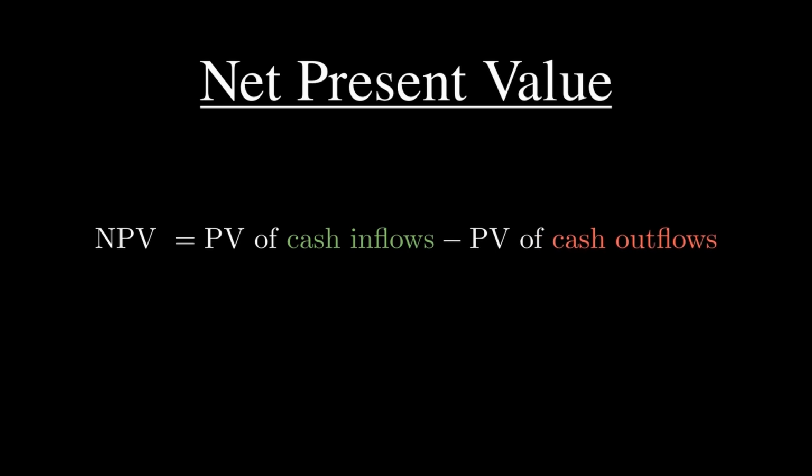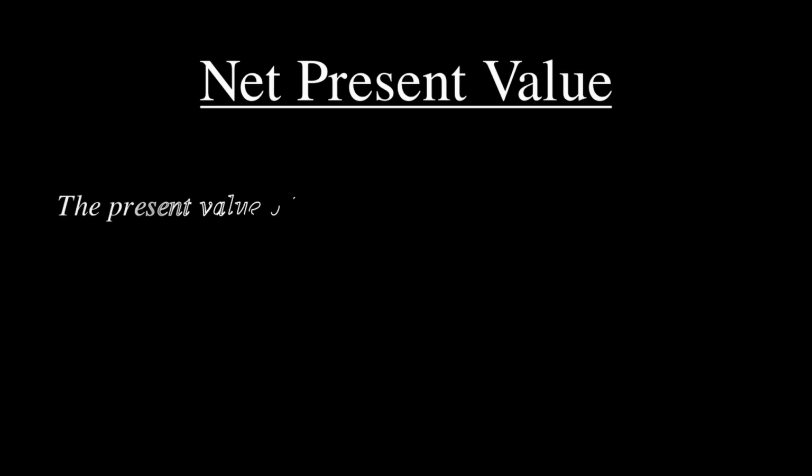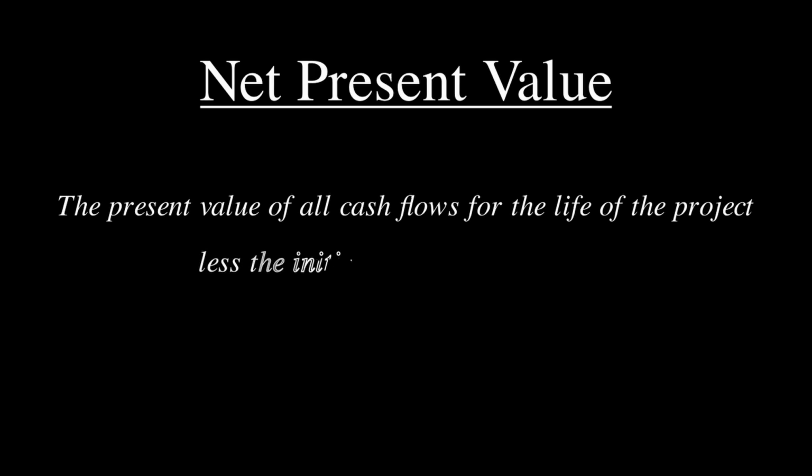We use the word net because we're subtracting the present value of the outflows or costs from the present value of the inflows. To put it another way, the net present value can be calculated as the present value of all cash flows for the life of the project less the initial investment or outlay.